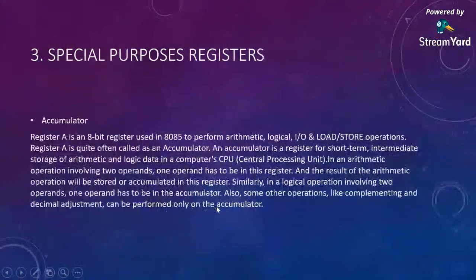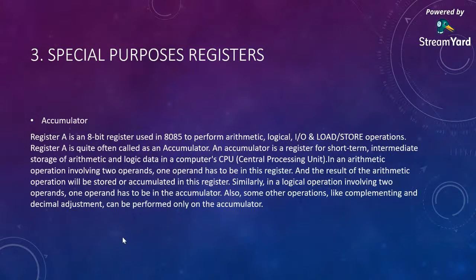Internally, these are the special purpose registers. I recall the accumulator, Register A, is an 8-bit register for arithmetic, logic, load, store, and so forth. The other function of the accumulator is as a momentary buffer.